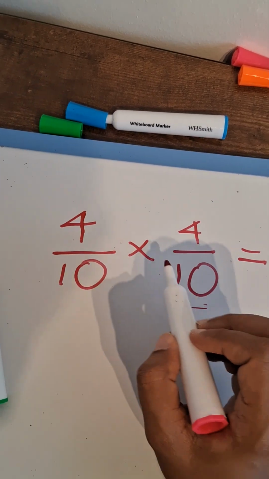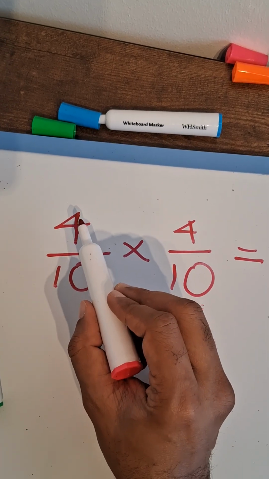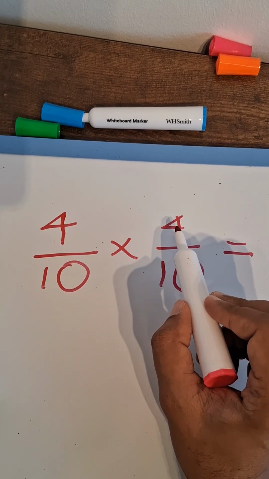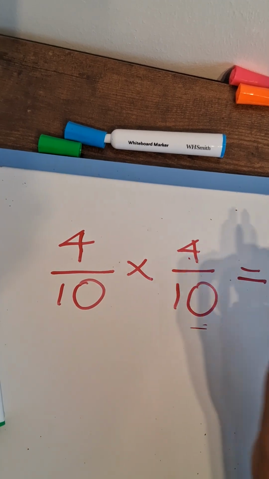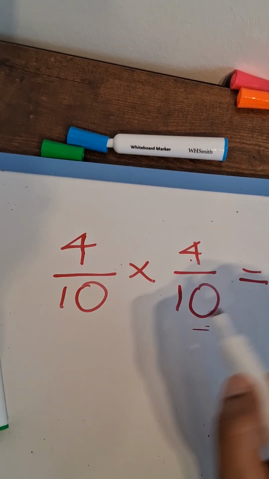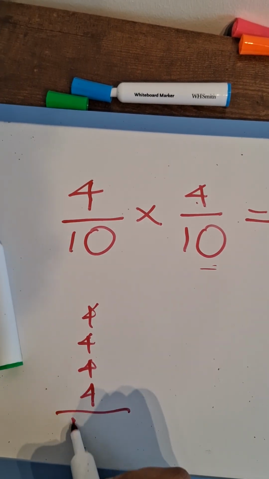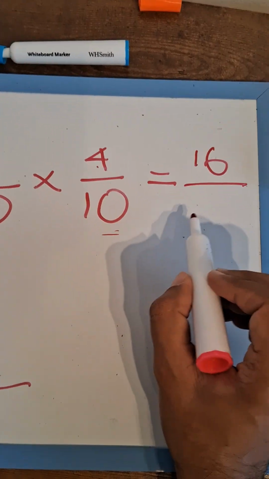The way to do these kinds of calculations, the easiest way, you just multiply the top bit together. 4 multiplied by 4. That means you need to have 4 4s. The answer is 16. 4, 4, 4, 4 is 16. Okay. And the bottom bit, you have to write it like this.